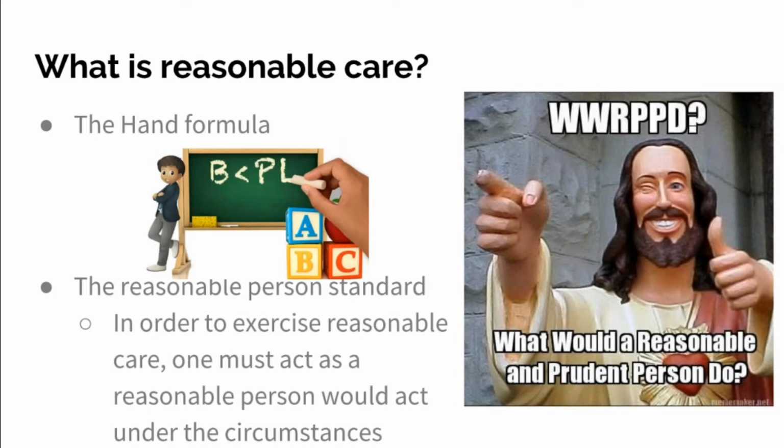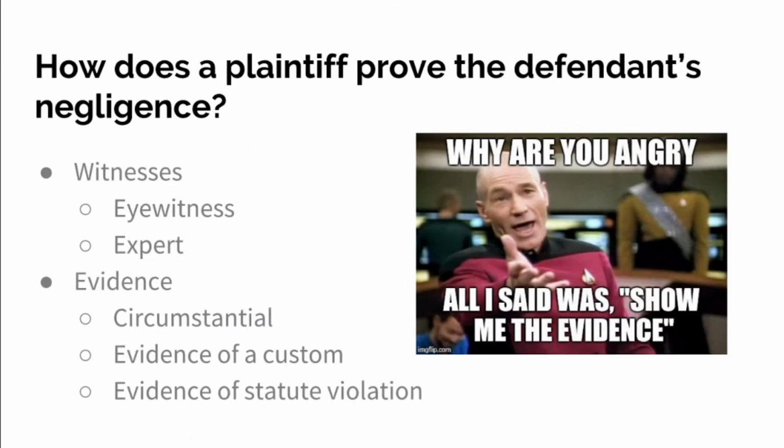Make sure to consult your notes for those. One of them being that if an individual, the defendant in the case, is physically disabled, then that defendant must act as a physically disabled reasonable person would act under the same circumstances. And there are a few more clarifications on that standard outlined in your notes.